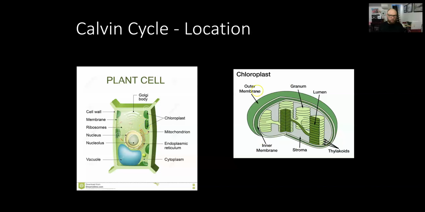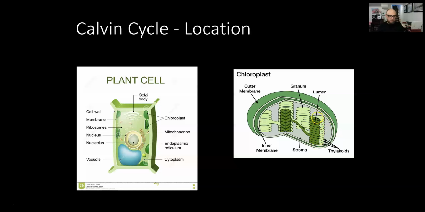And the picture on the right, we also looked at last week. This is just a cartoon of a chloroplast. Remember, the important thing about the location of the light reactions is that all of the enzymes involved in the light reactions are embedded within the thylakoid membrane. So this light green here represents the thylakoid membrane. And then it creates these stacks. They're called thylakoid stacks, or all of these membranes stacked on top of each other.